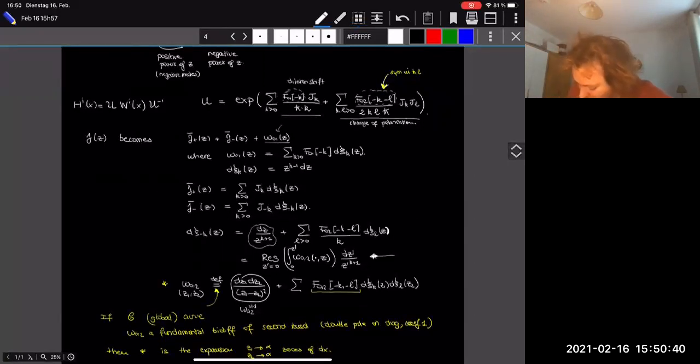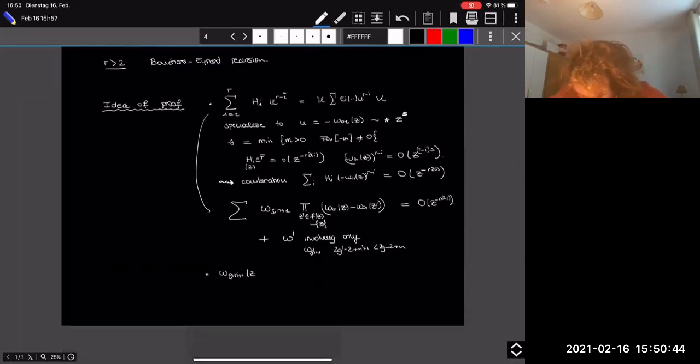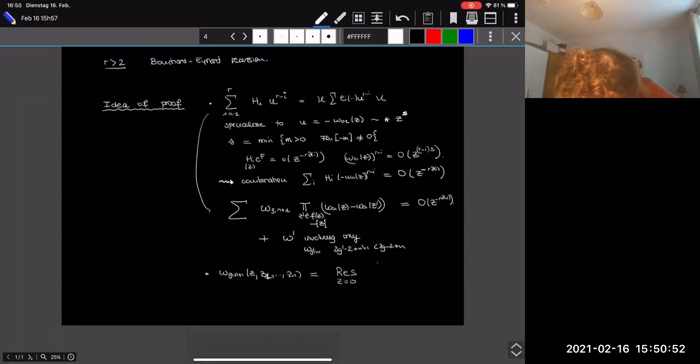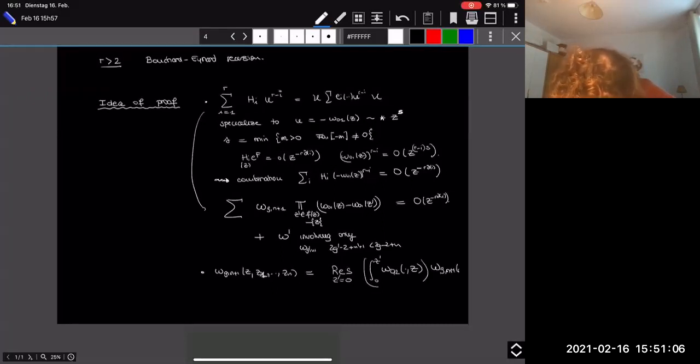So I can write a Cauchy residue formula to say that this omega j with respect to the first variable must be the residue when z goes to 0 of the primitive of omega 0, 2, up to z prime, when z prime goes to 0, of omega g n plus 1.